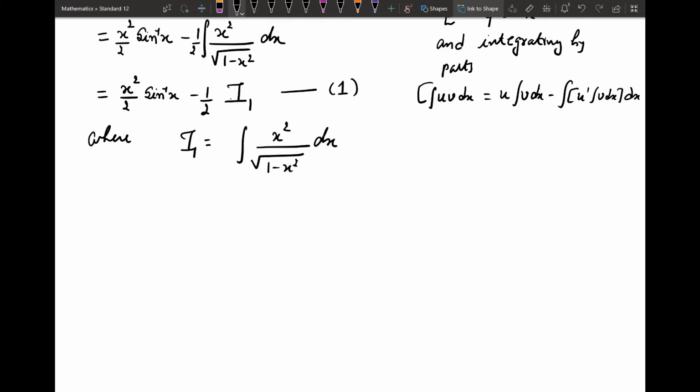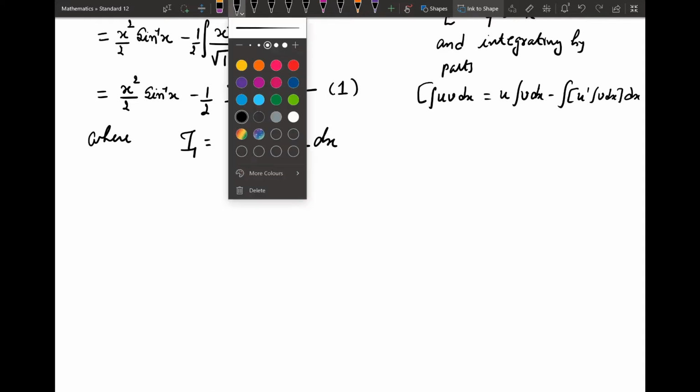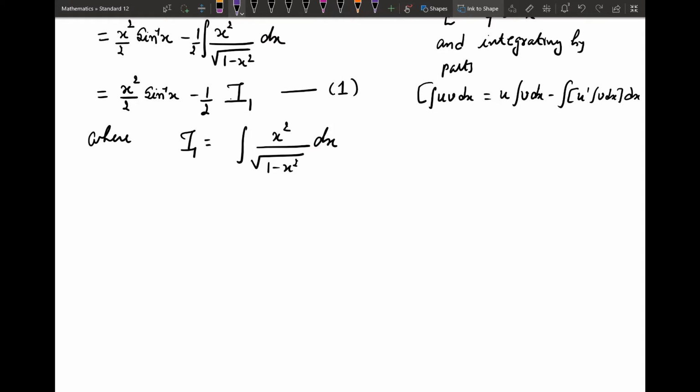Now this is a standard integration. We will use trigonometric substitution to integrate this. Put x equal to sine theta, so dx will be cos theta d theta.